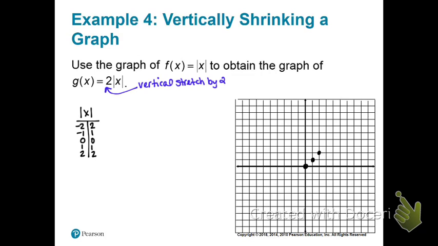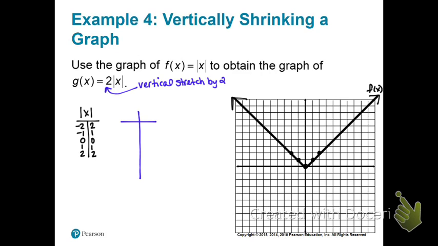Remember, absolute value makes the V shape. And then let's work on our table for our new one.